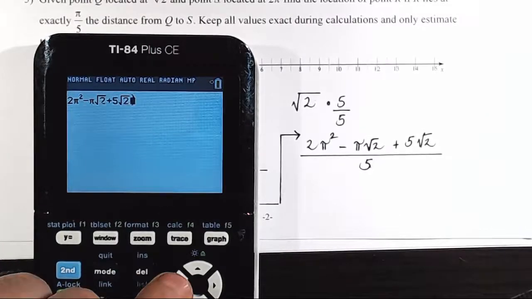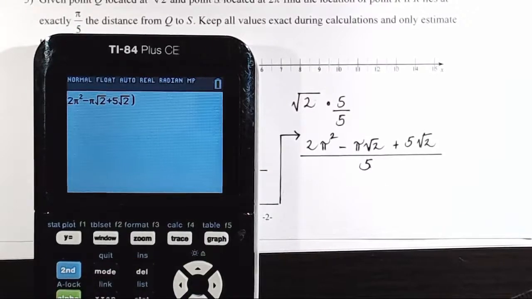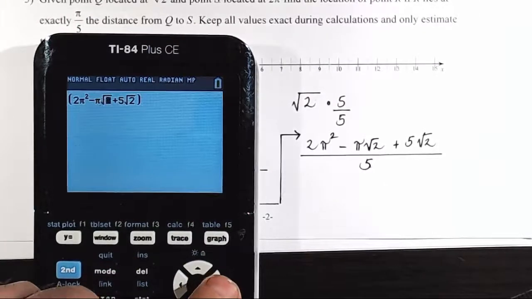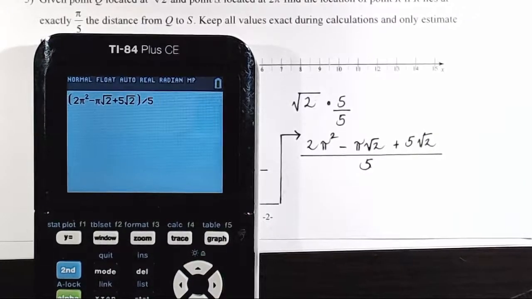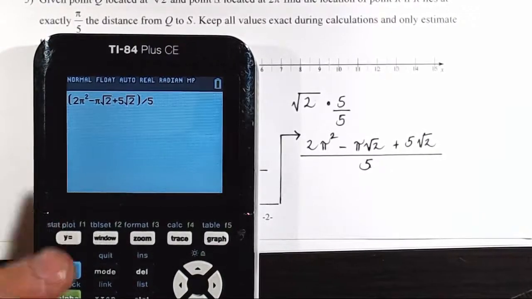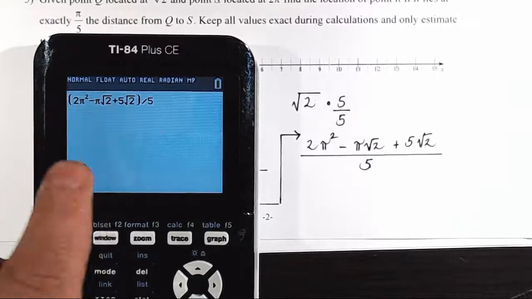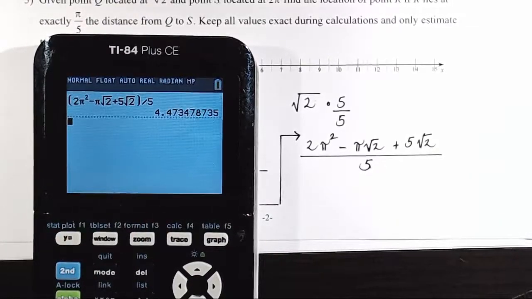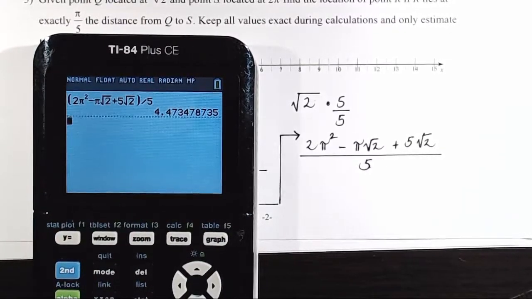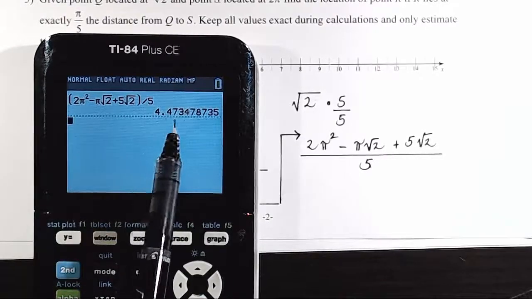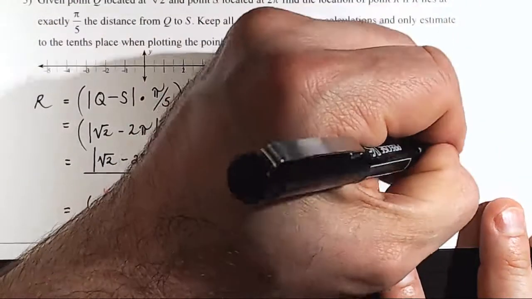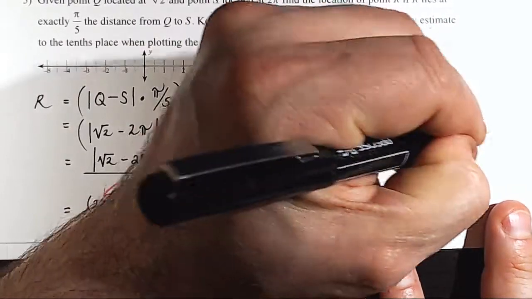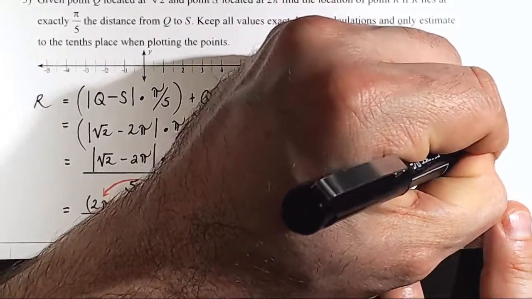So I'll just put that in parentheses like that. And I'll divide that by 5. Okay, same thing as if I'd done alpha y equals and put this in the numerator and this in the denominator. 4.473. So we'll round to the nearest tenth. 4.5. Cool. So there, what you're saying here is that this is approximately equal to 4.5.